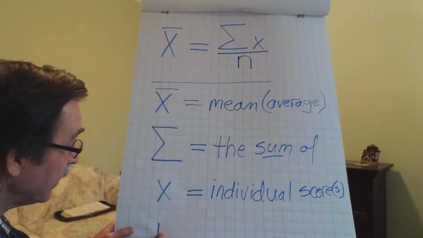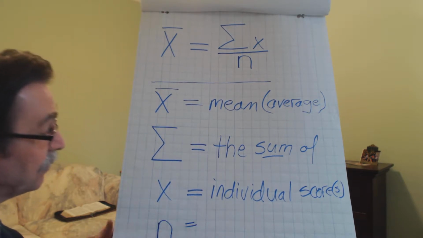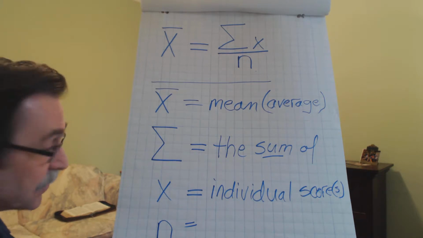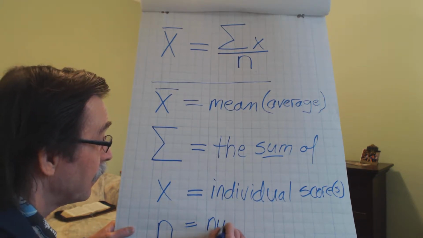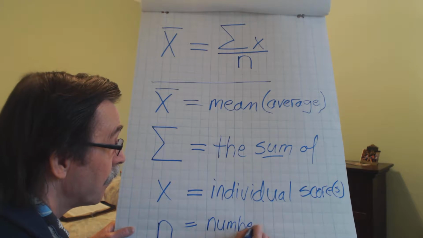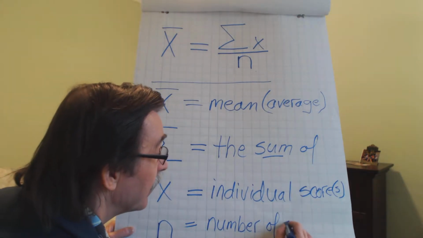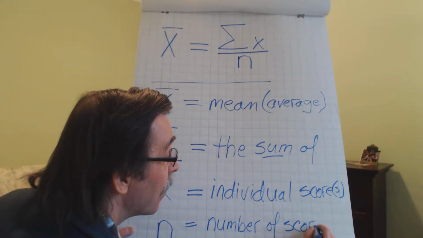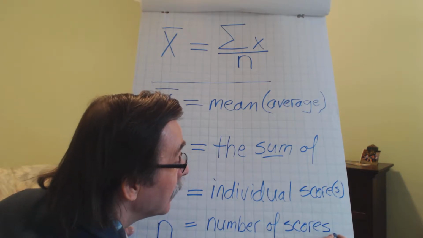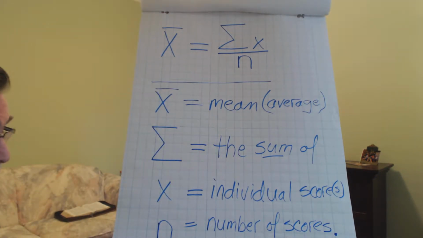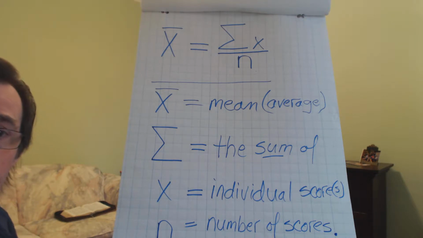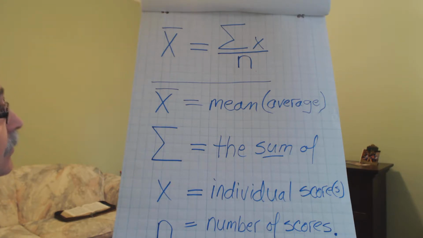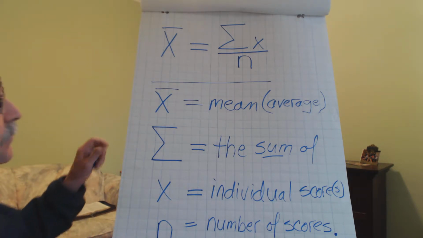And then finally, n refers to the number of scores. So there we have it. We just learned some Greek. And we learned some mathematics in a notation that we never really maybe saw before. Okay, so this is the formula for the mean.